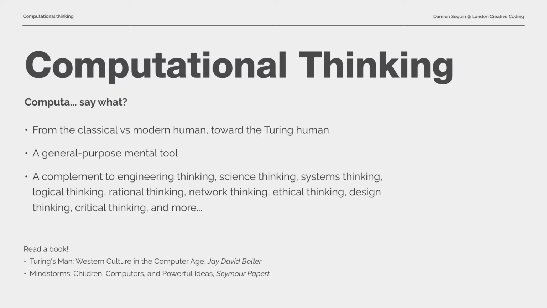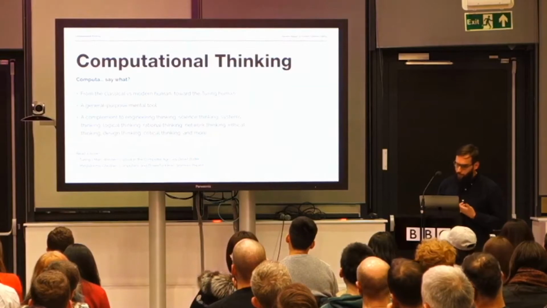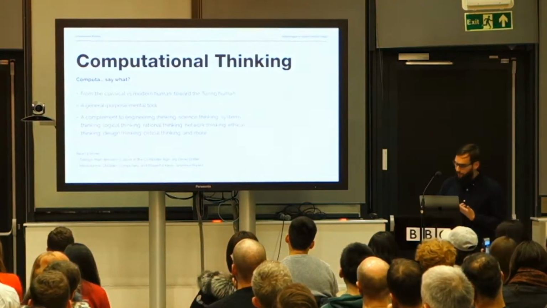But whatever the naming, these ideas tend to emphasize the value of coding concepts and more generally the use of computers as a mental tool to understand and solve all kinds of problems. So to sum up, it's a general purpose mental tool.